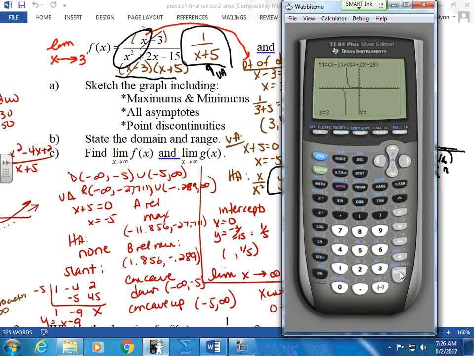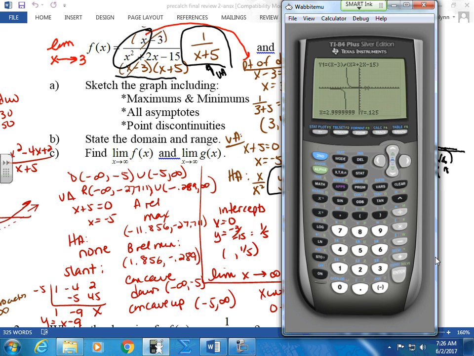However, watch. We did this back in September probably. If I look up a value right next to it, 2.999, and then 2.9999, keep going with the 9s, real close, I get 0.125. 0.125 is 1/8. So if I could track it and fill that in, that's what that point would be.